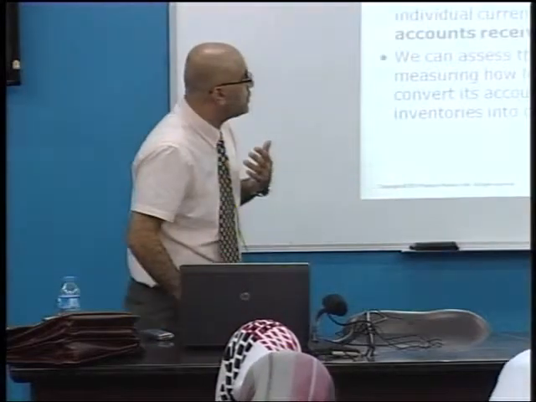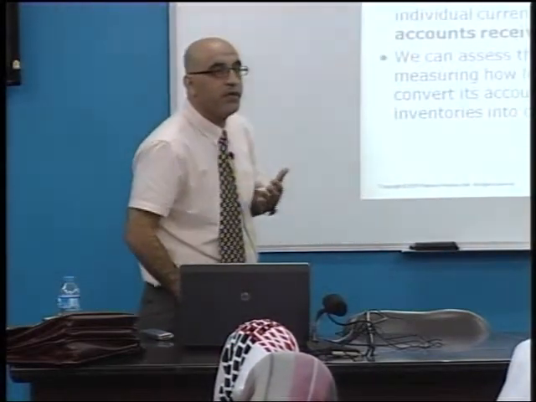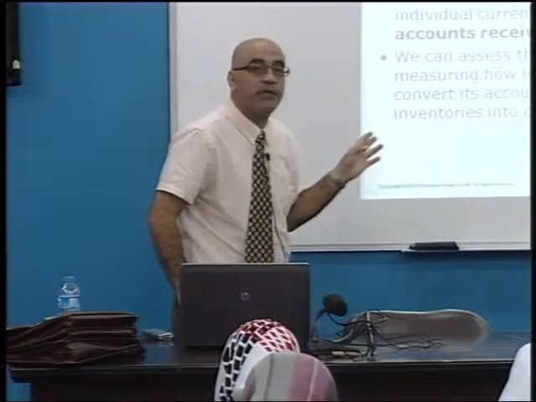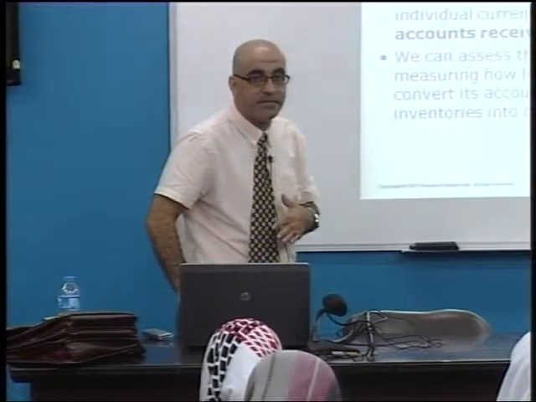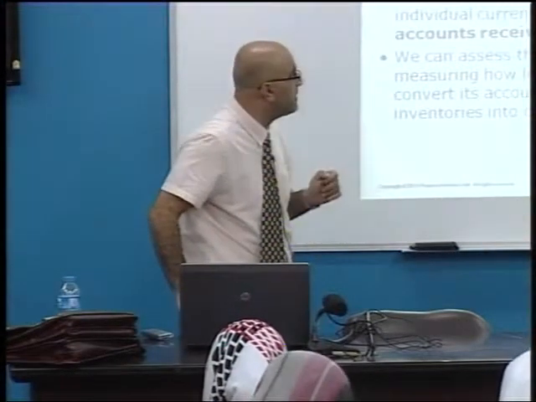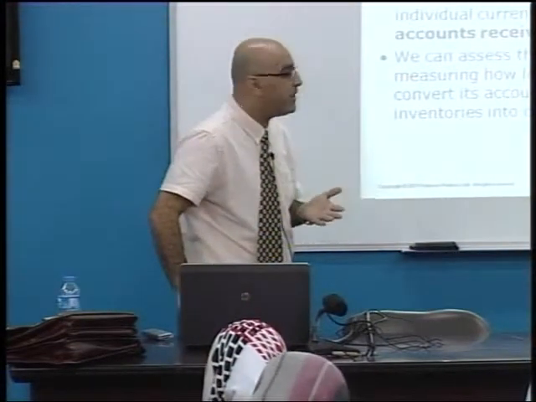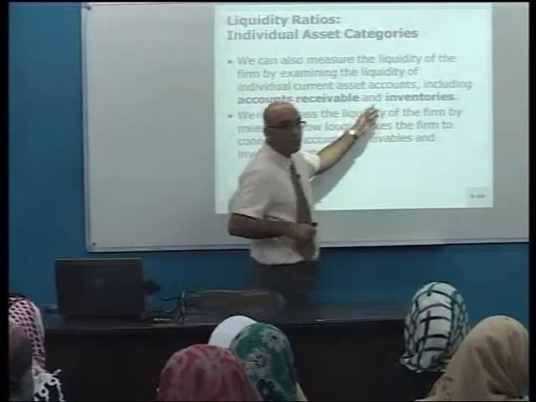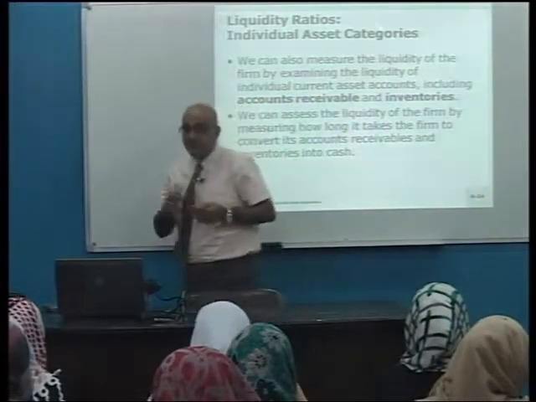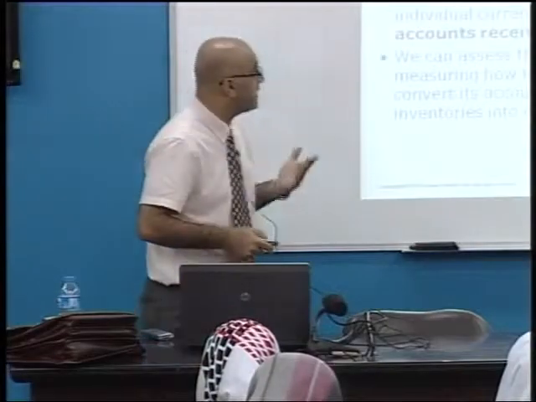The account receivable turnover is related to how long it takes to convert account receivable into cash, in terms of how many times we can convert account receivable into cash in a year. And the same thing when we talk about the inventory, how long it takes us to convert inventory into cash. This is the important point.